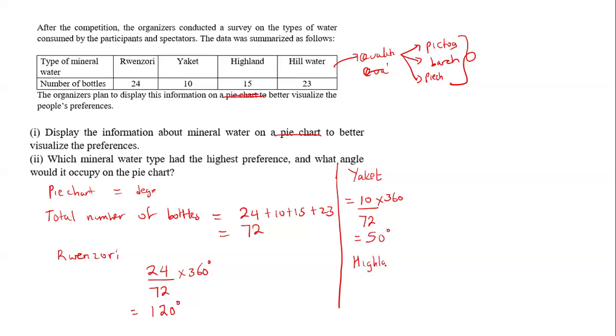Then Highland, 15 out of 72 times 360. It's 75.